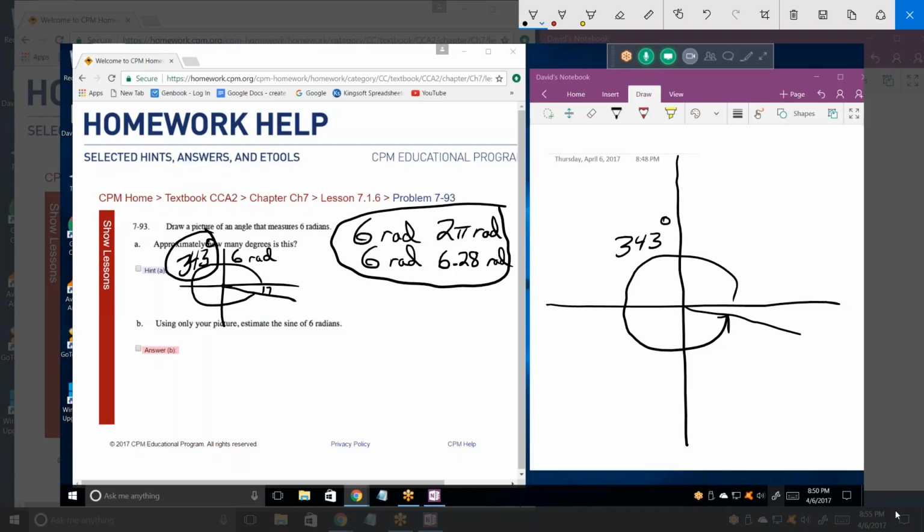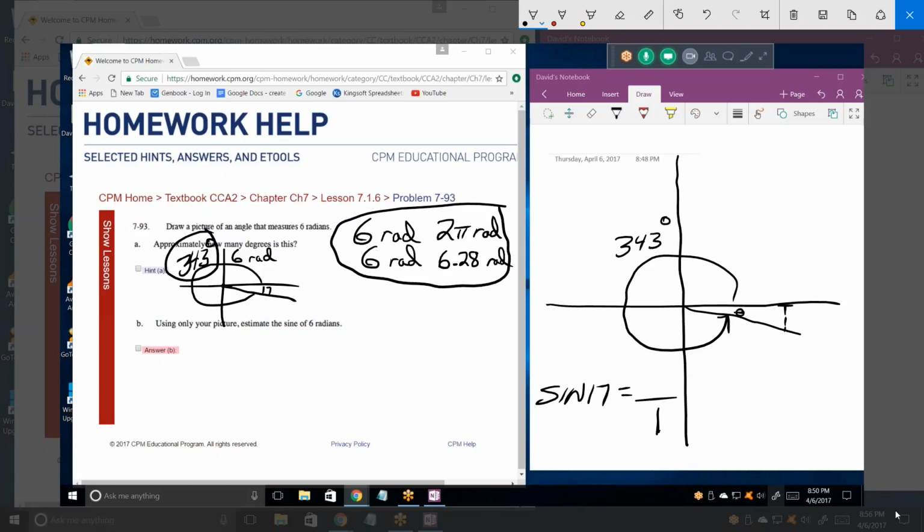If I want to estimate the sine of this big angle, I can analyze the reference angle by drawing a triangle like that. Well, theta, which is 17 degrees, is that angle there. What's the sine of 17 degrees? It's the opposite over the hypotenuse. The hypotenuse is 1, we're in a unit circle.